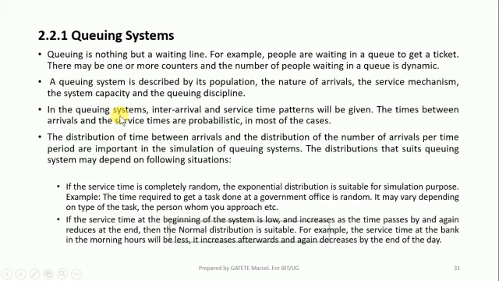In the queuing system, the inter-arrival time and service time must be given. When we are going to analyze the queuing system, you must know the inter-arrival time. Inter-arrival means the time between the arrival of one person and the following one.